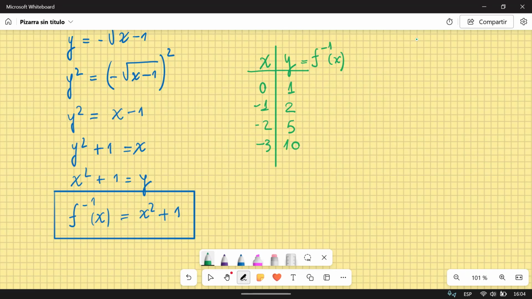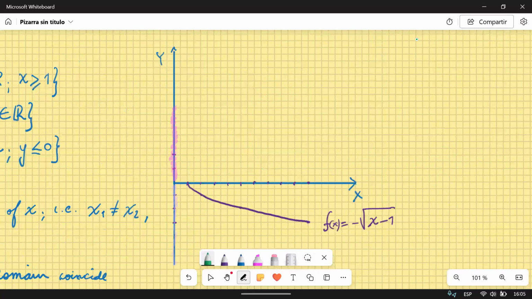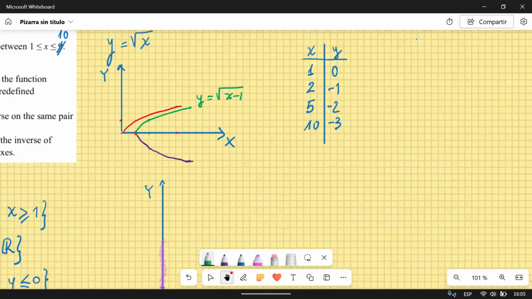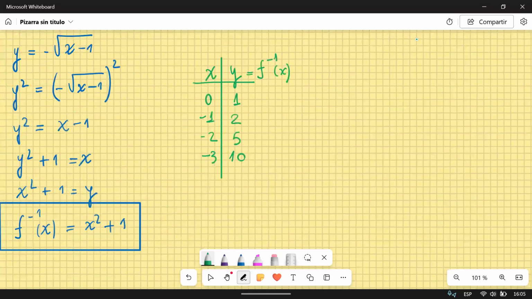Well, these values of the images of the inverse are the values of the domain that we picked in the domain of the original function f to construct the graph of f. And the y values, which are the images of f, we now use to construct the graph of the inverse.